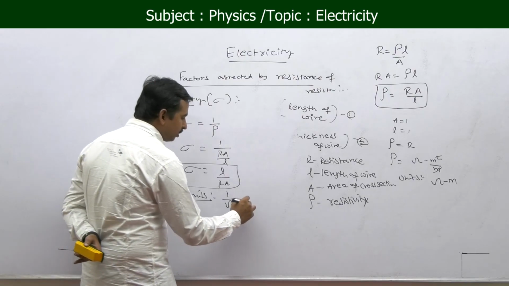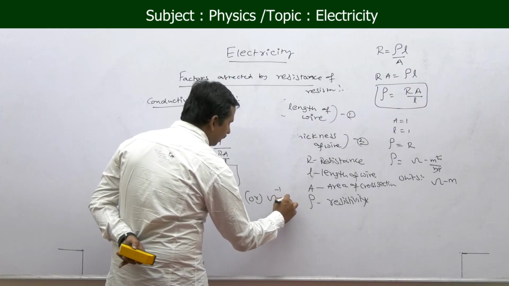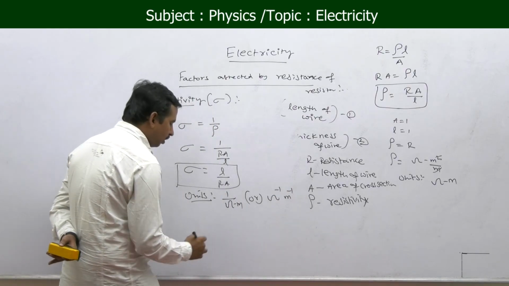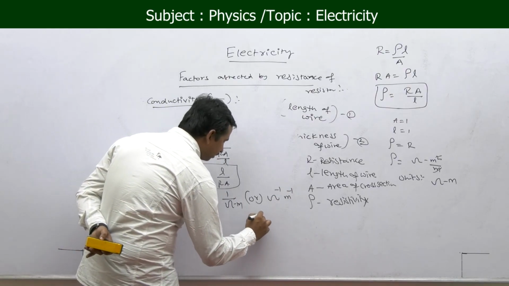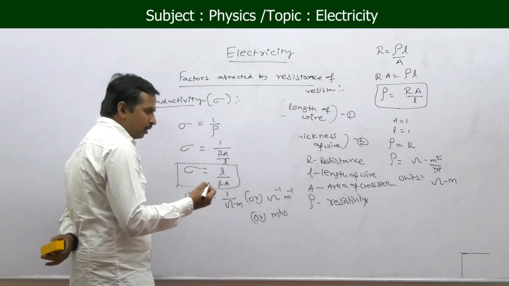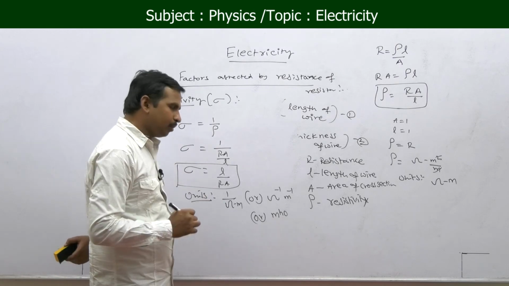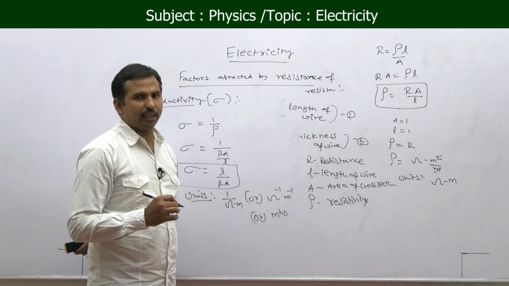You can also write that as ohm inverse meter inverse, or you can also write that as mho, the reciprocal of ohm. Okay, mho: ohm inverse meter inverse, or 1 by ohm meter.